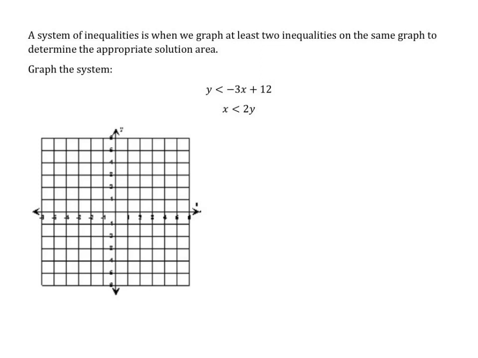So we need to go up 12. 1, 2, 3, 4, 5, 6, 7, 8, 9, 10, 11, 12-ish, about up here. Then go down 3, to the right 1.